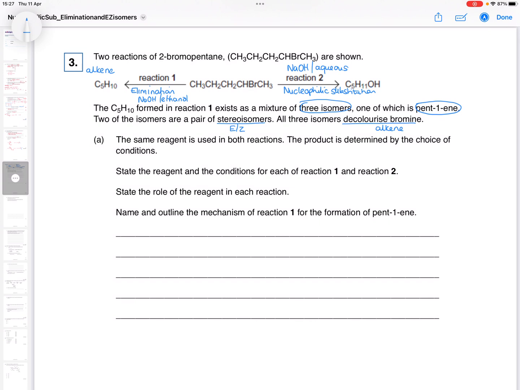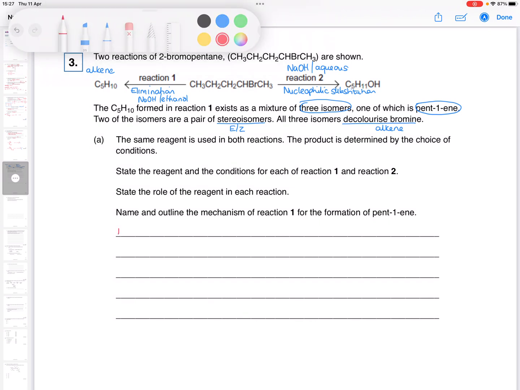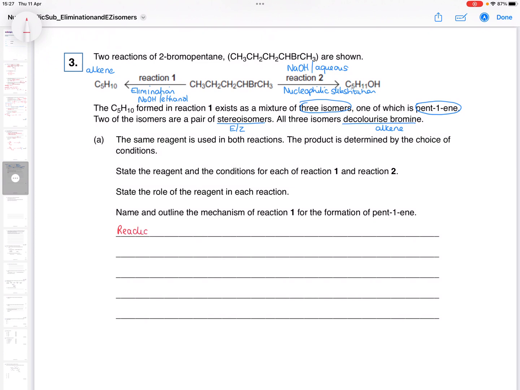So let's add this to our answer down here then. So reaction 1 is elimination, and it requires sodium hydroxide dissolved in ethanol and hot.